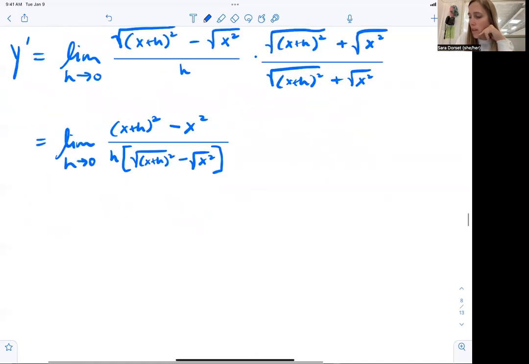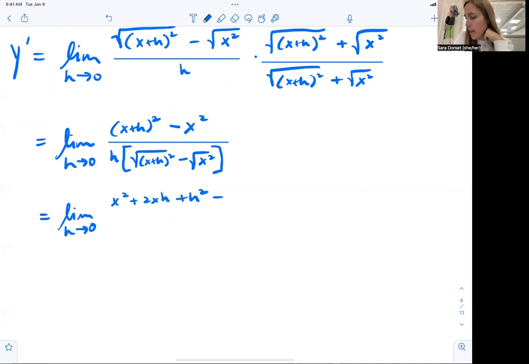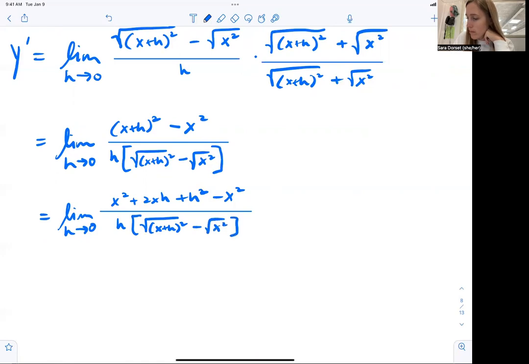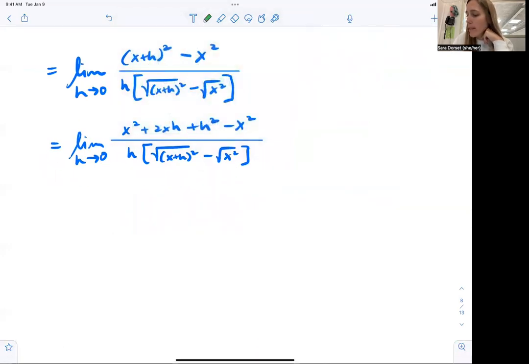We have to multiply out that numerator. We need to uncover that h in the numerator that's going to cancel with the h in the denominator that was causing the 0 over 0. So x squared plus 2xh plus h squared minus x squared. Looking at what will cancel, the x squareds, we can factor out an h to get that h to cancel. So one of those h's will go away.